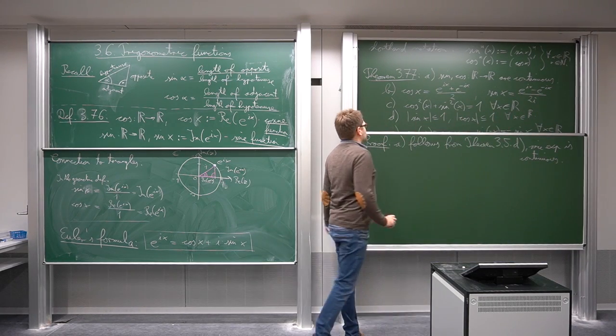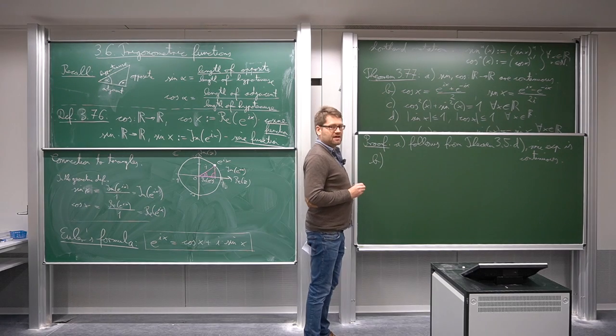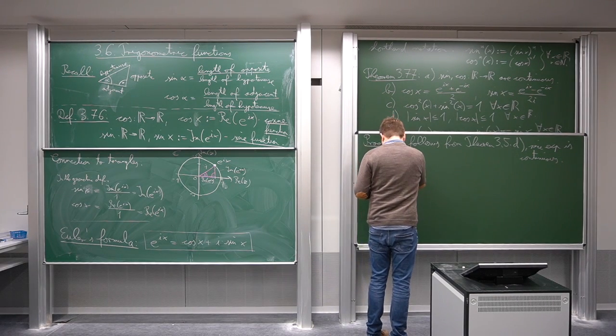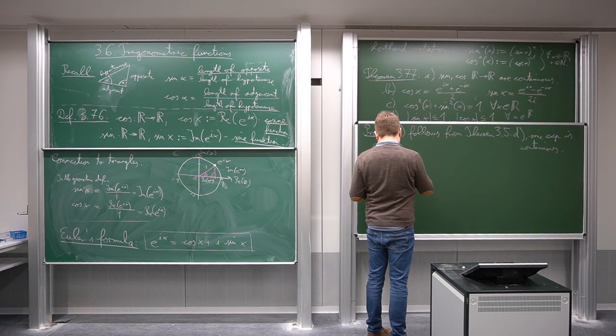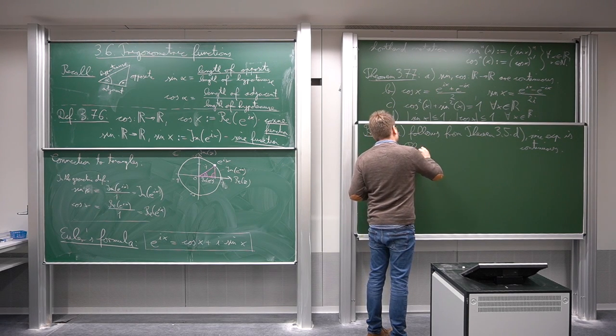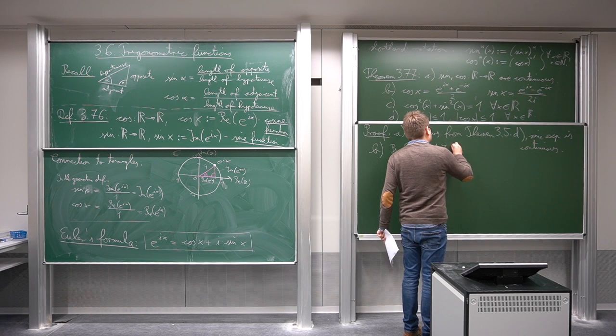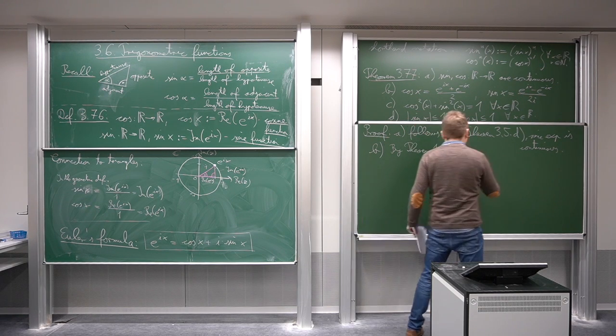Okay, part B, these strange looking formulas. We have basically already seen them a long time ago. Namely, we've seen them in theorem 170 in chapter 1, just some basic properties of complex numbers.